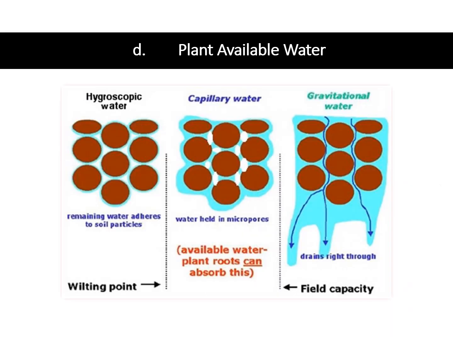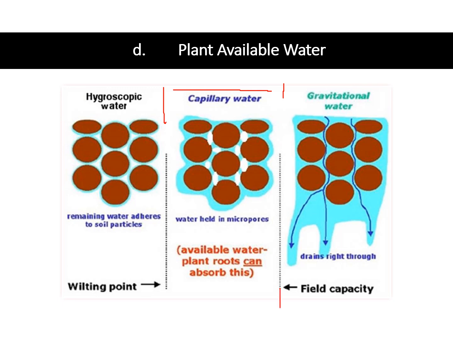Then we have plant available water. Of course, when the gravitational water has moved on and the field capacity is achieved, this capillary water is basically the plant available water. It is the amount of water between permanent wilting point and field capacity, as mentioned here.